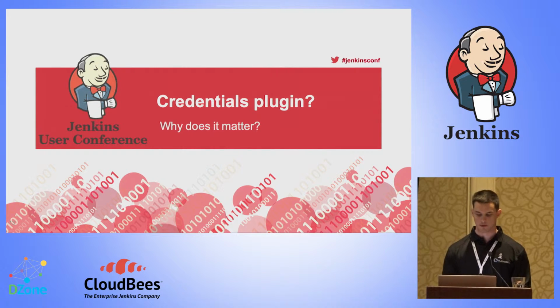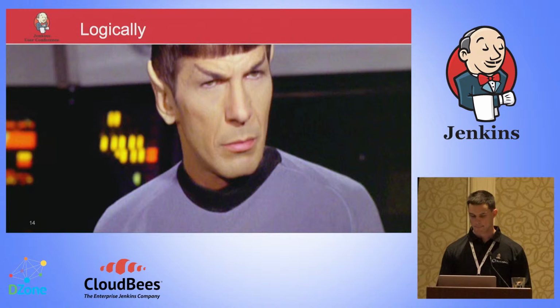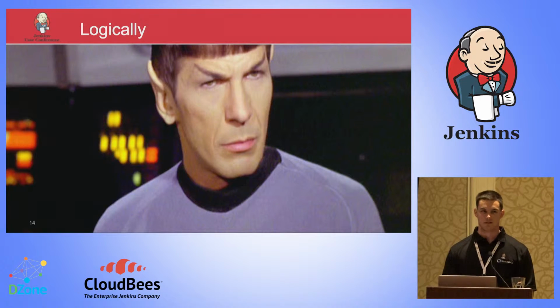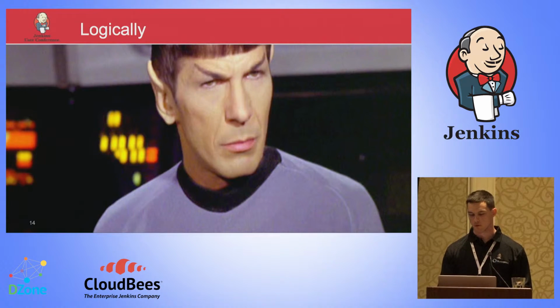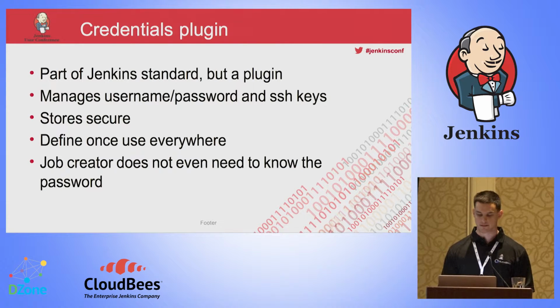So what is the credentials plugin, and why does it matter? Well, it's logical. Like I said before, you don't want to be storing passwords in clear text. It's already part of Jenkins. It's a standard plugin. It manages usernames and passwords and SSH keys. You define the credentials once, and then you can use them throughout Jenkins. They're available everywhere.